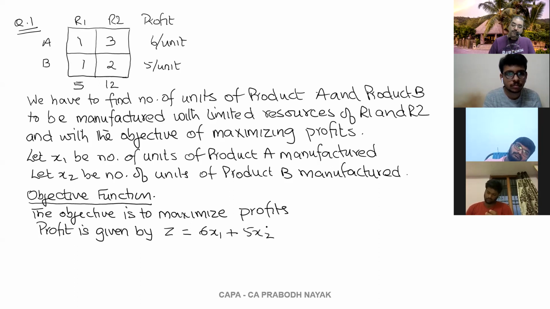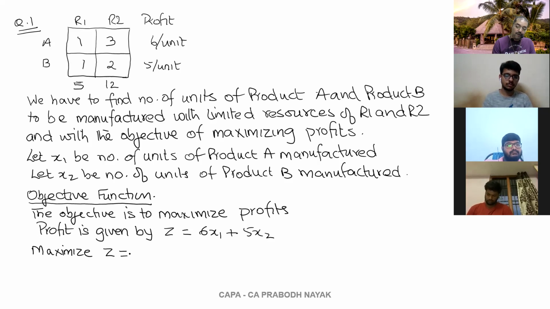This is my profit function. So profit is given by Z is equal to 6x1 plus 5x2. Therefore, what is the objective function then? Maximize Z is equal to 6x1 plus 5x2. This is my objective function.